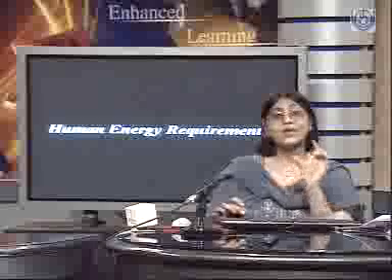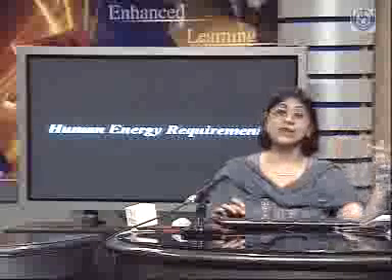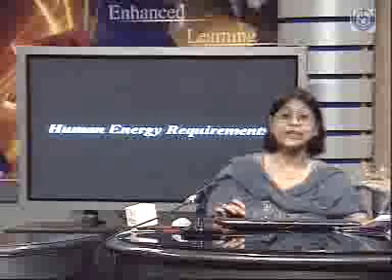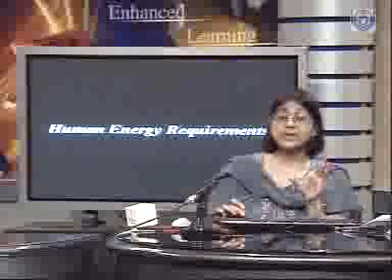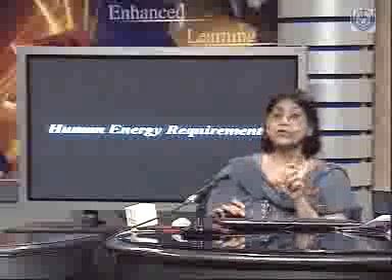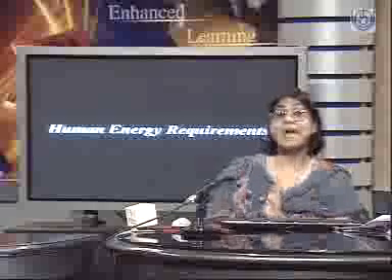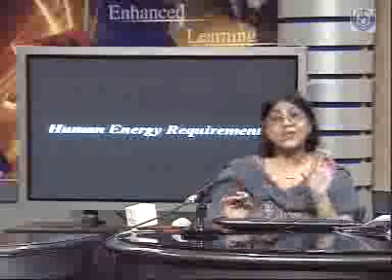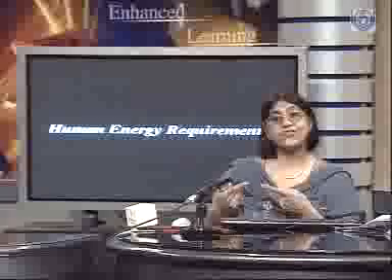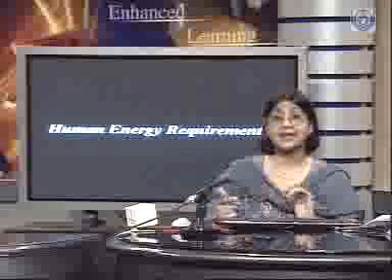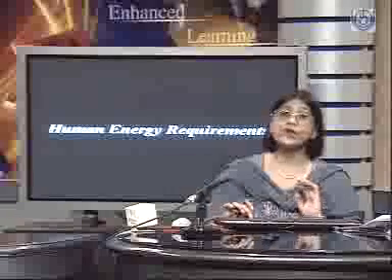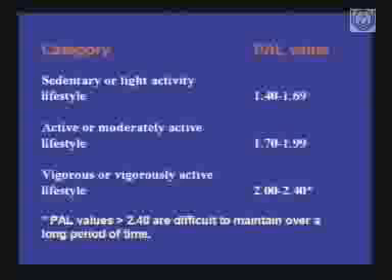These physical activity levels depend on the lifestyles we have explained earlier, the 3 lifestyles. In the WHO FAO UNU 2004 report consultation, they have worked out these PAL values, and each individual, depending on the duration and intensity of their activity, gets categorized in these 3. And if you look at your monitor, these PAL values are given.